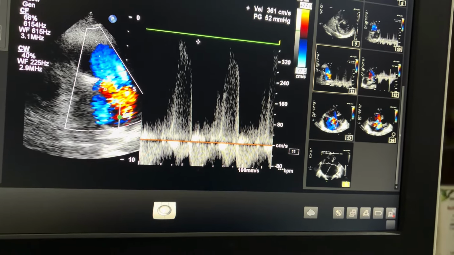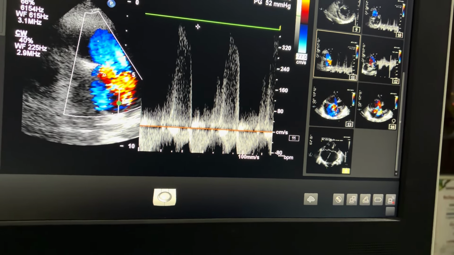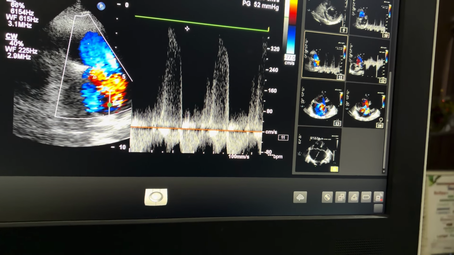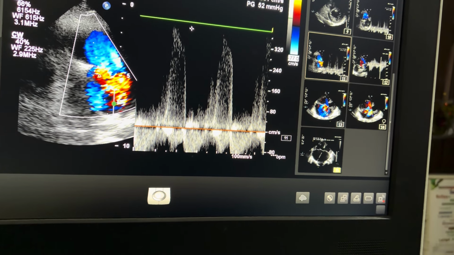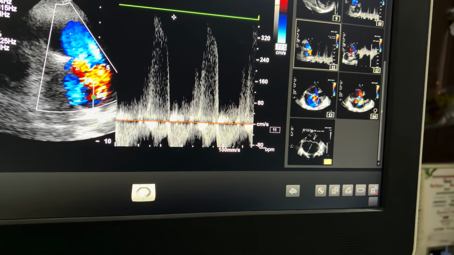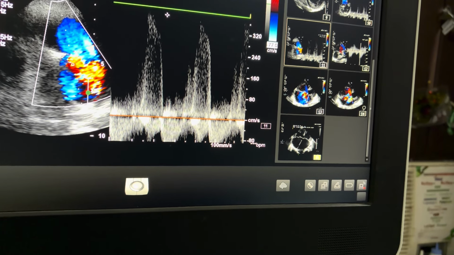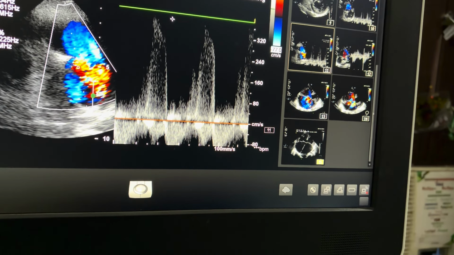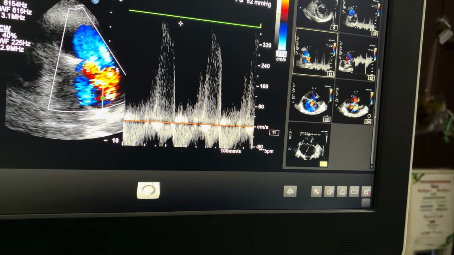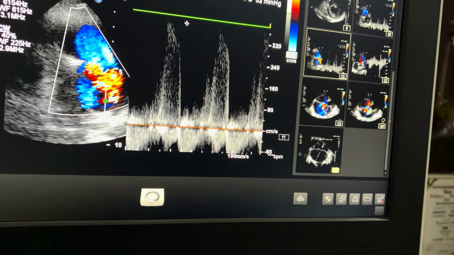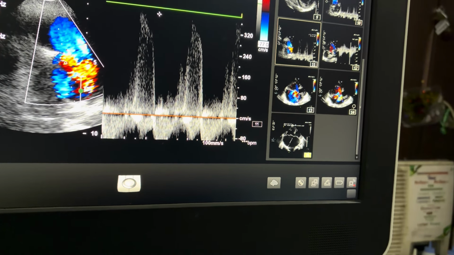If you add right atrial pressure, you can take 10 to 20. That is, whenever IVC is severely dilated, not collapsing more than 50%, in that scenario you have to take 10 to 20 millimeter of right atrial pressure. So if you add 20 millimeter to 52, then it will become 72 millimeter mercury.